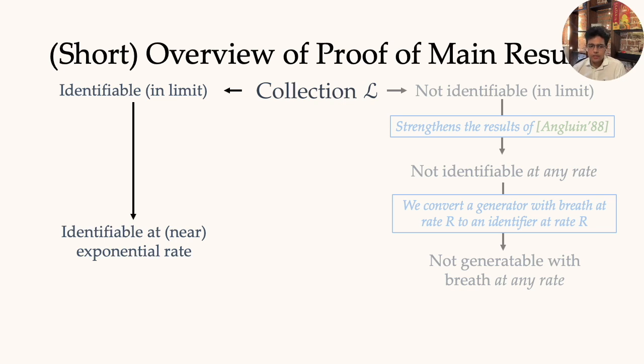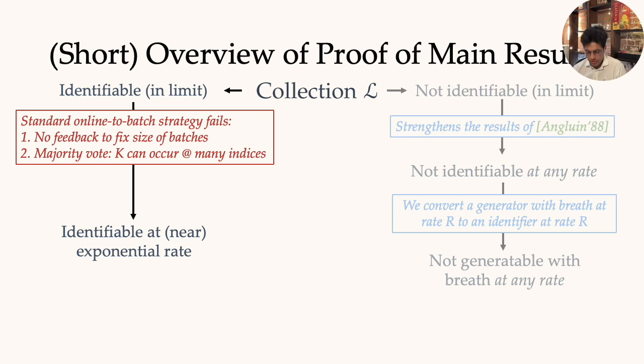This seems like the standard place where one can use an online to batch conversion, but in our model, there are several challenges. First, the generators in our model, or identifiers in these models, do not get any feedback, which can then be used to fix the size of the batches we need.